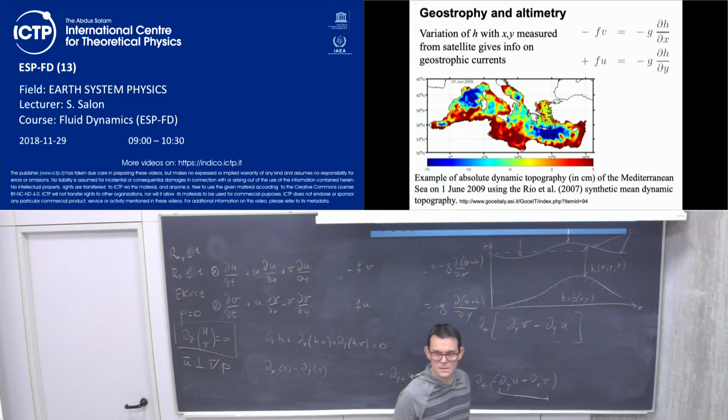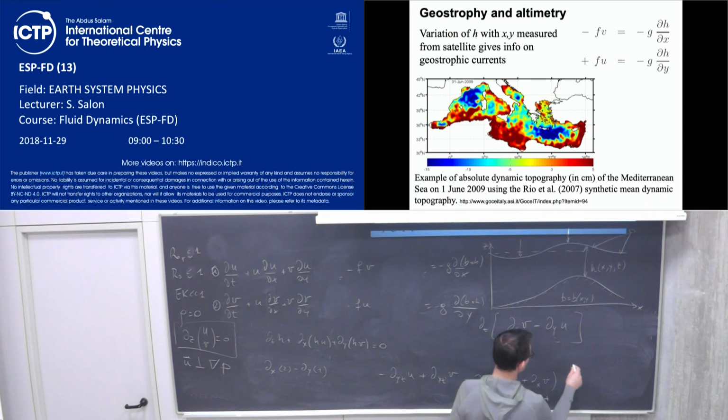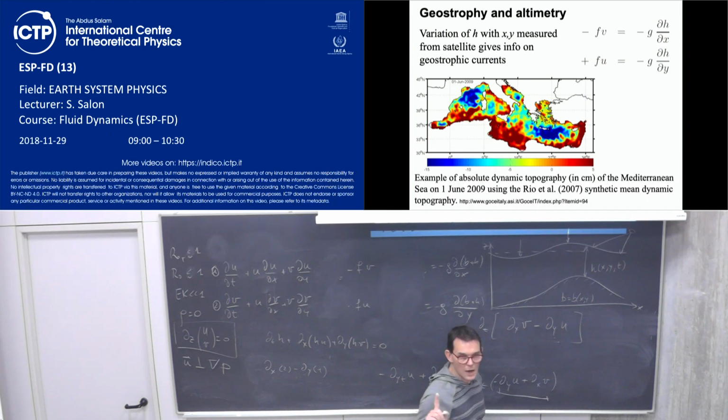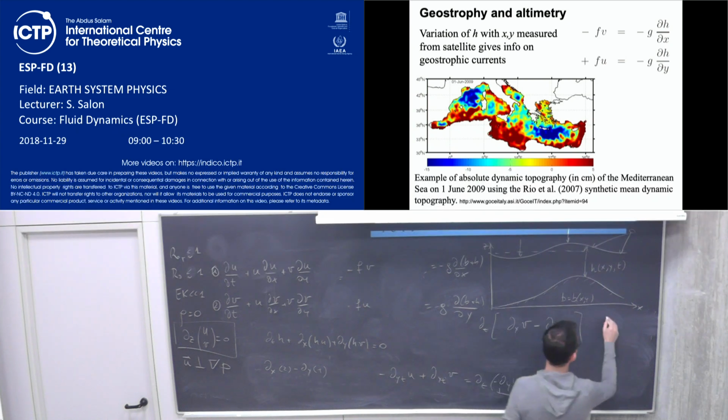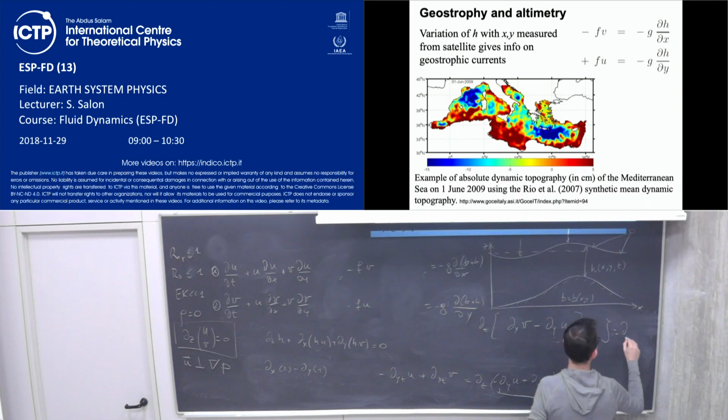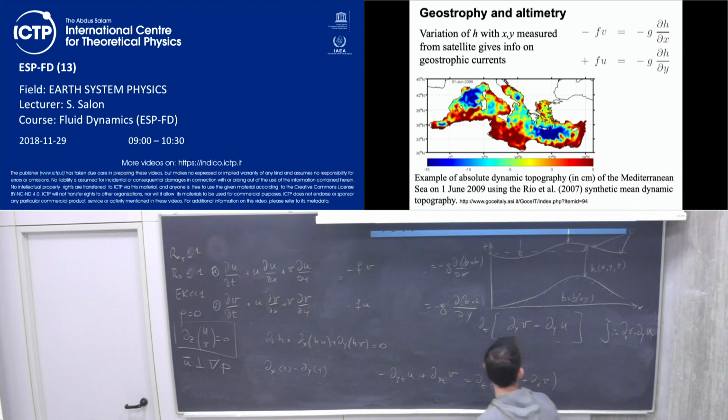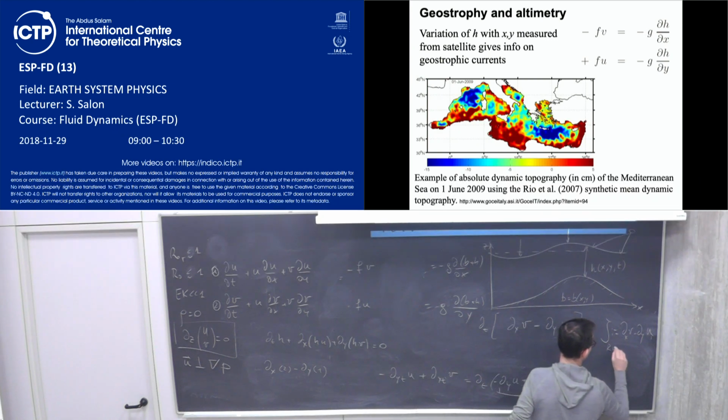Yes, this is the vorticity, in particular only the z component. We will call this with the letter zeta, dv/dx minus du/dy. This is called the relative vorticity.